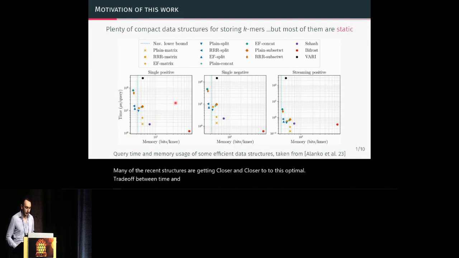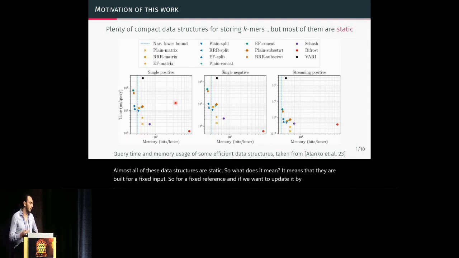But it turns out that if we look more closely, almost all of these data structures are static. What does it mean? It means that they're built for a fixed input, so for a fixed reference. And if we want to update it by adding new reads, new data, or just filtering some reads, we can't. We have to rebuild it entirely from scratch, which is obviously quite expensive.